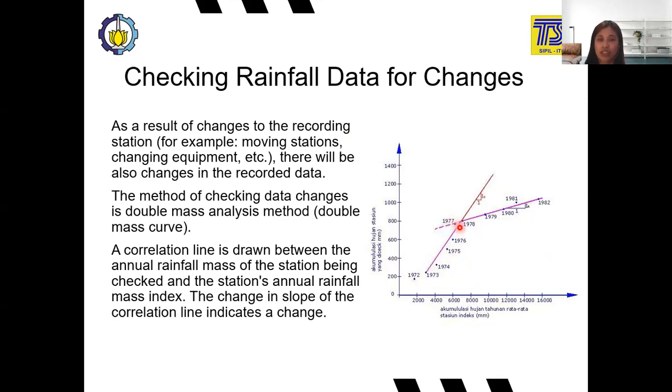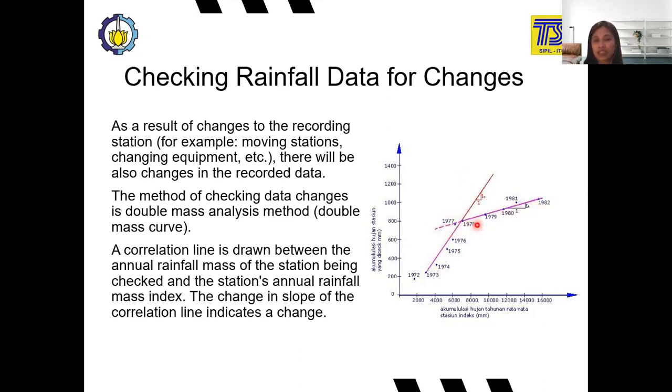So the line drawn is different. As you can see here, at first the line is in this slope, but after they change the equipment, or they move the station, or they move the rain gauge, the line becomes like here.